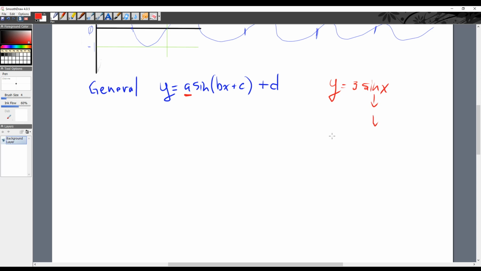So 3 sine x, y equals 5 sine x, y equals 1/2 sine x, and how about y equals -4 sine x. Give those a whirl, and come on back if you've got it. If not, I'm just going to talk about what that is.